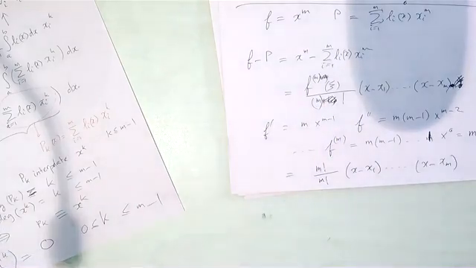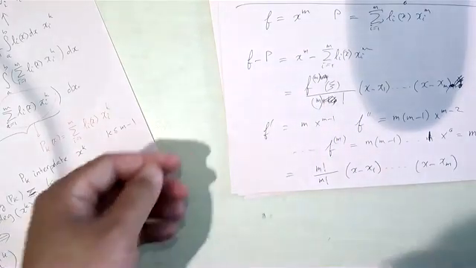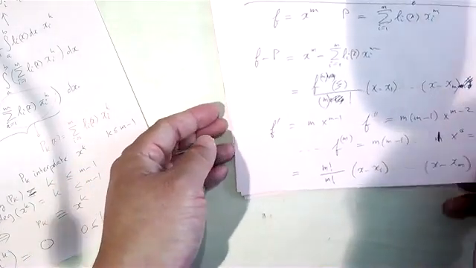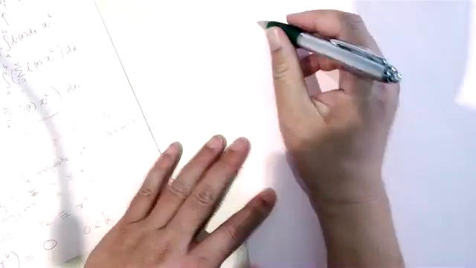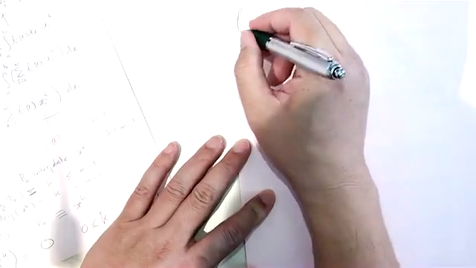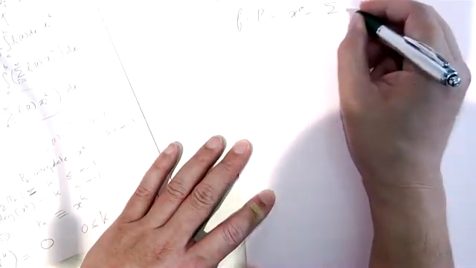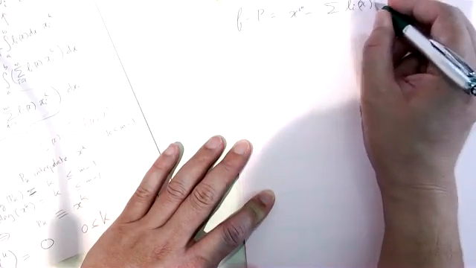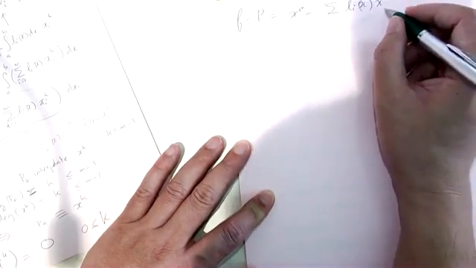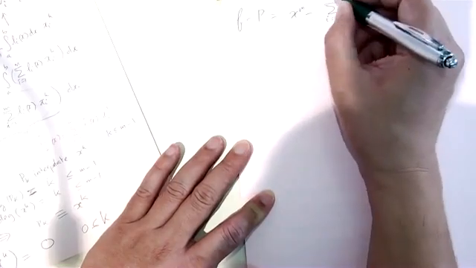So what is the result? f minus p is x to the m minus the sum of l_i x_i to the m, i from 1 to m.